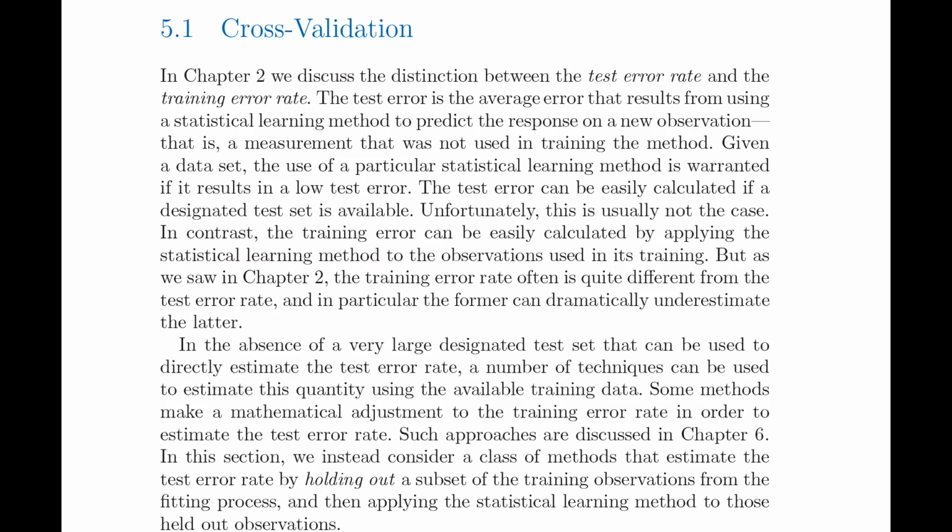And remember, training the method is simply selecting the model and fitting the parameters. Given a data set, the use of a particular statistical learning method is warranted, so it's kind of like you would approve it, if it results in a low test error. The test error can easily be calculated if a designated test set is available. Unfortunately, this is not usually the case.